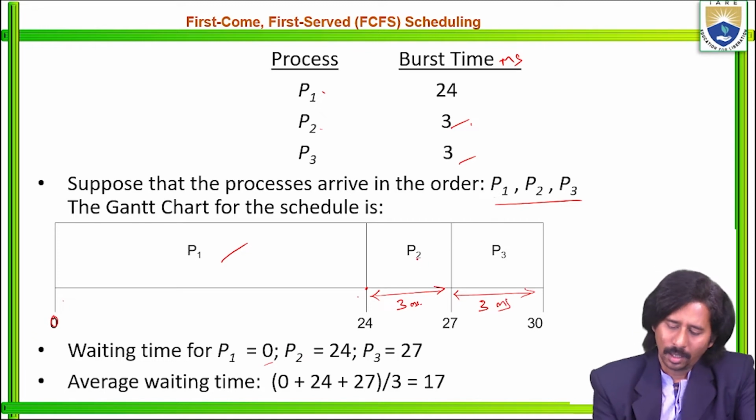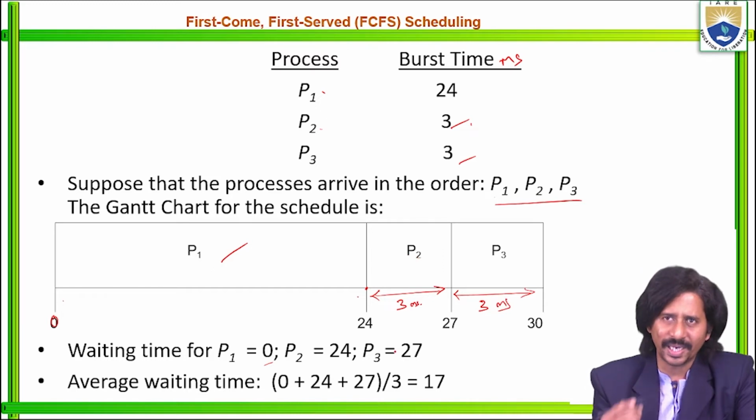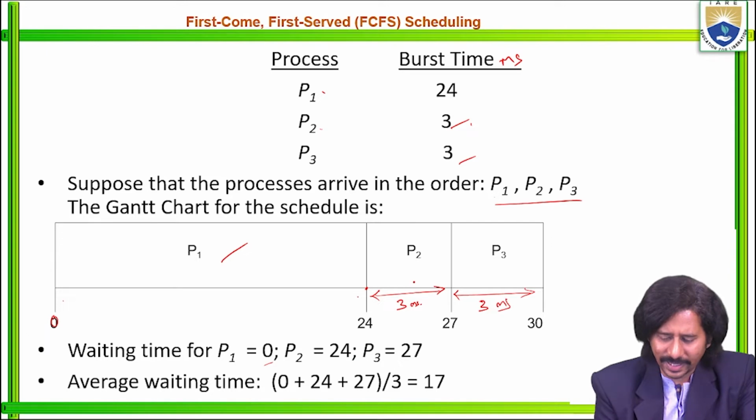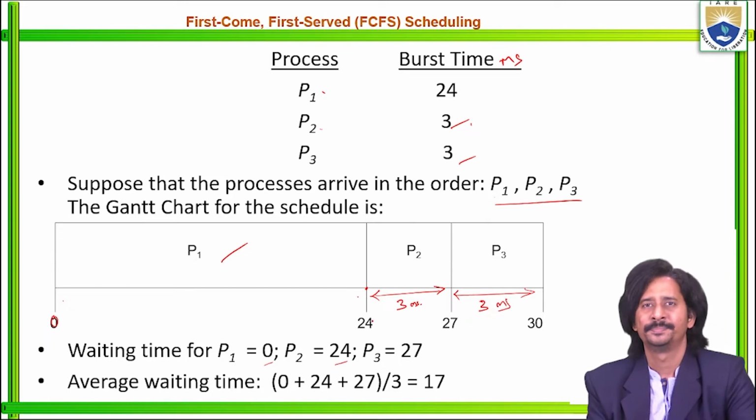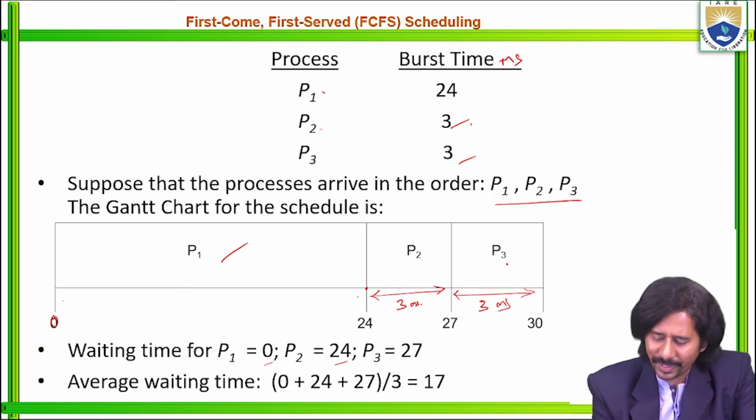Then at what time does the processor catch process 2? How much time will the process P2 wait? That is the waiting time for process P2, 24 milliseconds. Similarly, for process P3, it takes 27 milliseconds.